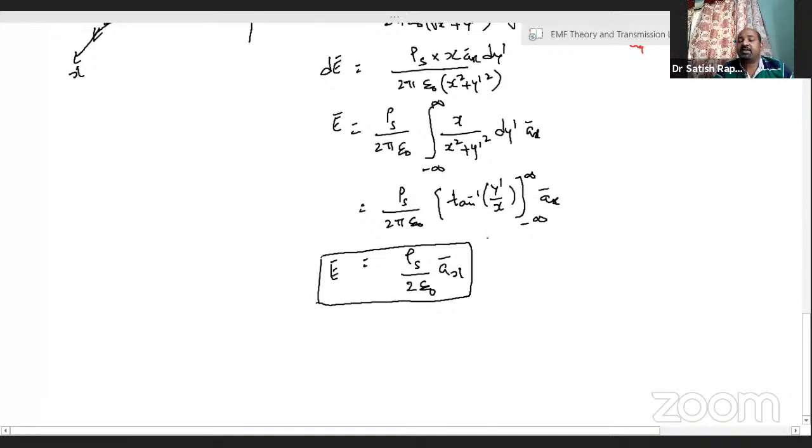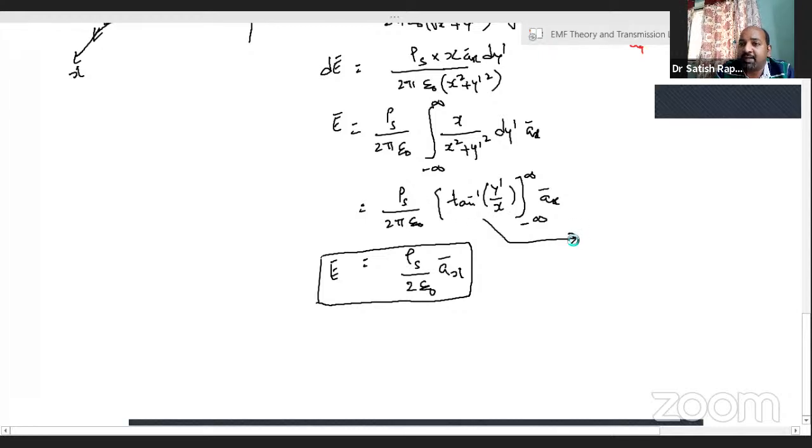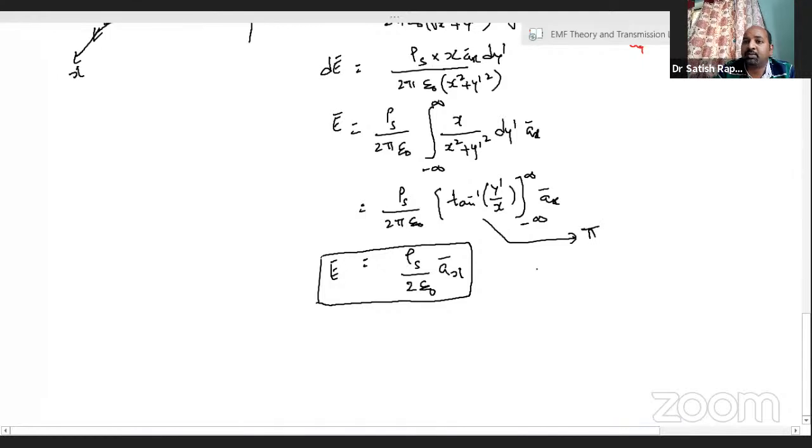So simplifying, integrating, and substituting the limits, you will get pi, and pi will get cancelled here, and you will get this equation, rho s by 2 epsilon naught ax bar.